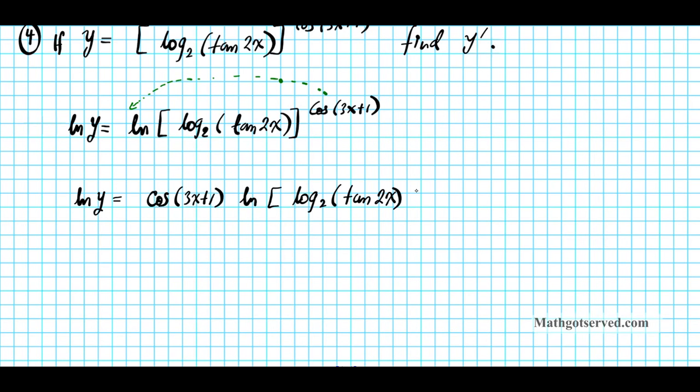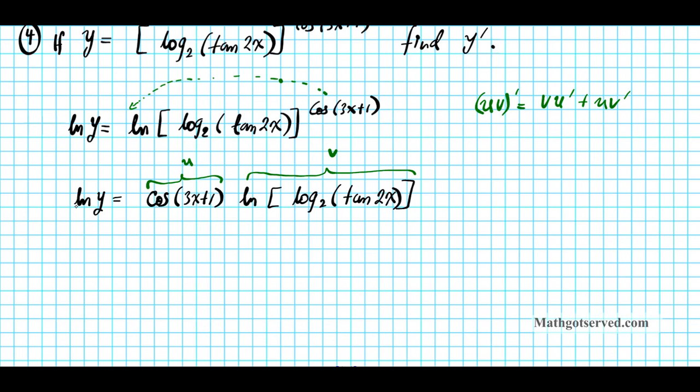Now, as you can clearly see, on the right side when we're differentiating, we have to use the product rule. Remember what the product rule is: uv prime is equal to vu prime plus uv prime. In this case, we can see what u is. u is cosine 3x plus 1, and v is the natural logarithm of log base 2 of tan 2x. So let's go ahead and differentiate both sides.